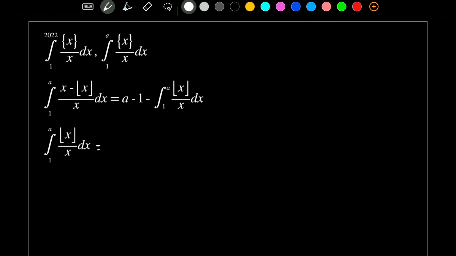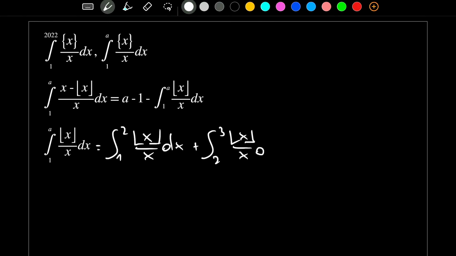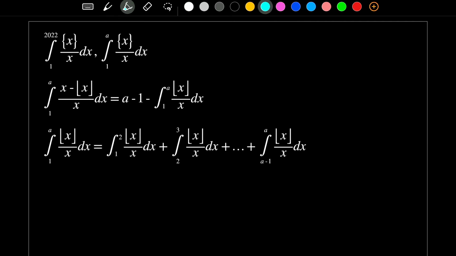Let's say we split this integral up into the integral from 1 to 2 of the floor function of x over x dx plus the integral from 2 to 3 of the floor function of x over x dx plus dot dot dot, and then from a minus 1 up to a of the floor function of x over x dx.